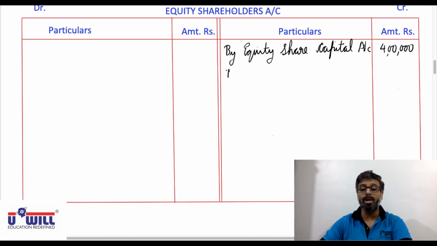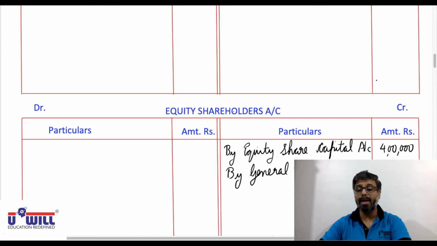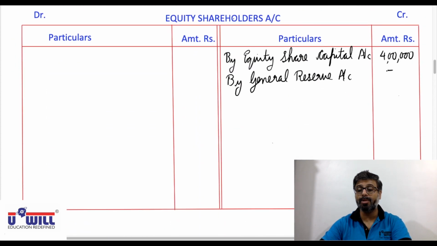To equity shareholders account, so equity shareholders account on credit side by general reserve account. What amount? 50,000. And by profit and loss account 29,600.